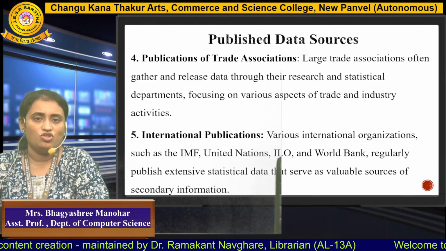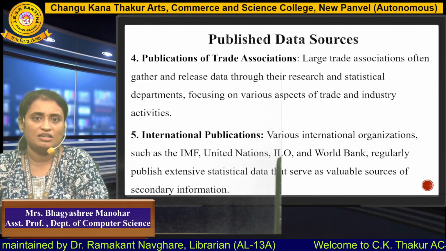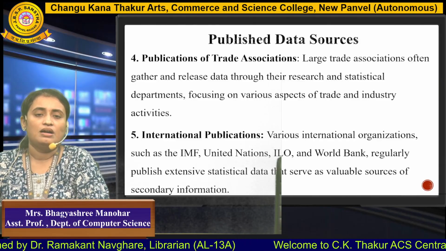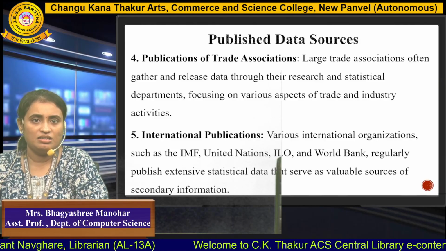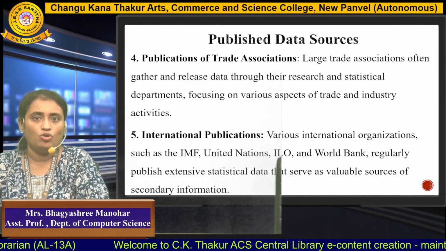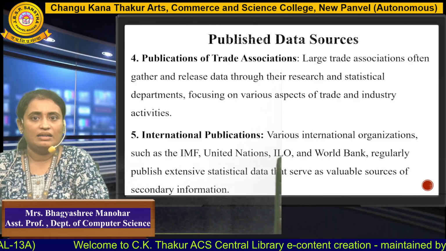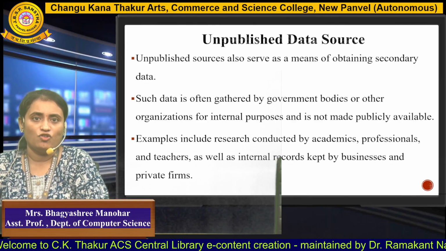Large trade associations often gather and release data through their research and statistical departments. Next one is the international publication. Various international organizations like IMF, ILO, United Nations serve as valuable resources of secondary information.